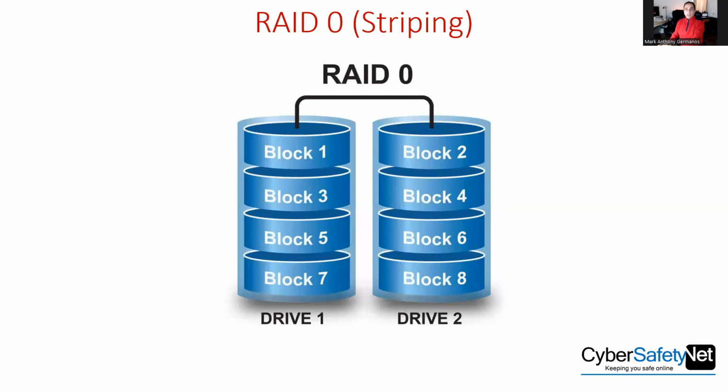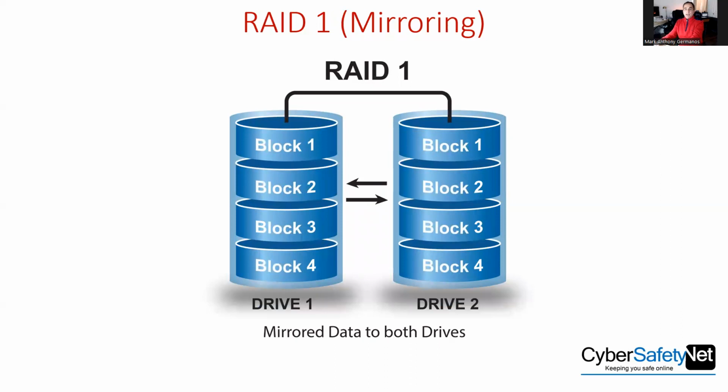In RAID 1 mirroring, we get redundancy because we have two or more physical disks. If one dies, the other one keeps the data available and keeps the server up and running. Yes, you'll go to the server, you'll see a flashing orange light on the front, and it'll probably emit a warning tone, high, screeching, annoying. But people can still do their work and still access the data on the server.